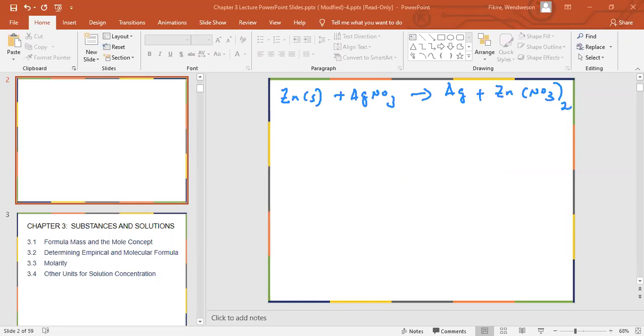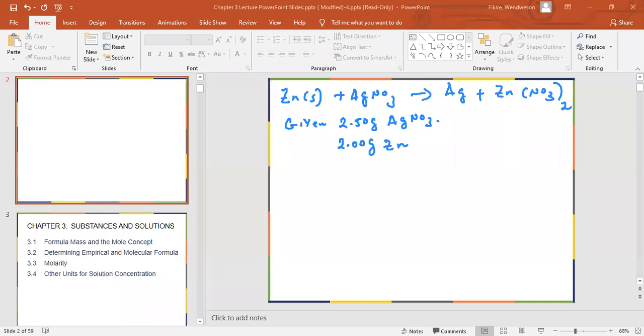Okay, so given that you have 2.50 grams of silver nitrate, you are also given 2.00 grams of zinc.